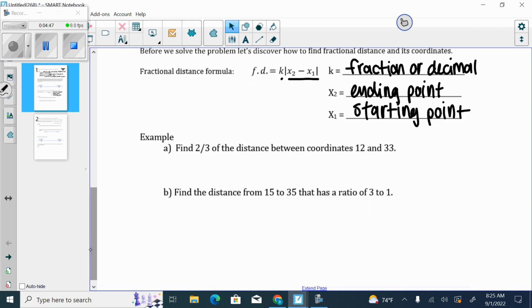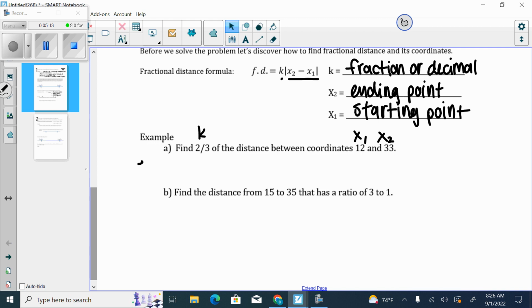Example A says to find 2/3 of the distance between the coordinates 12 and 33. So they went ahead and just came out and told us exactly how much we're going to go, right? So 2/3 would be my what letter from the formula? The K. And then my coordinates 12 and 33 would be our x1 and x2, right?